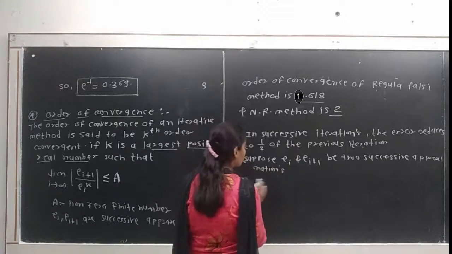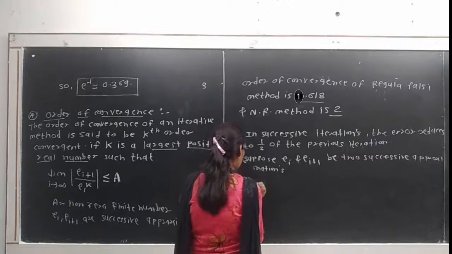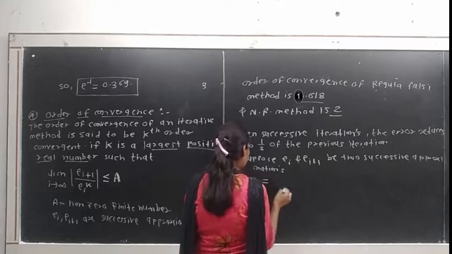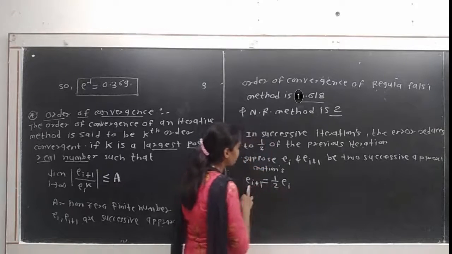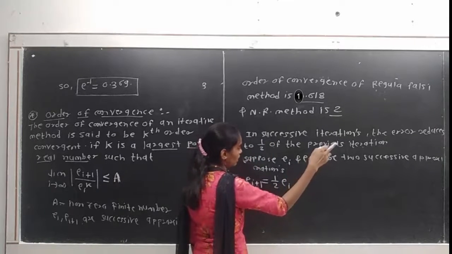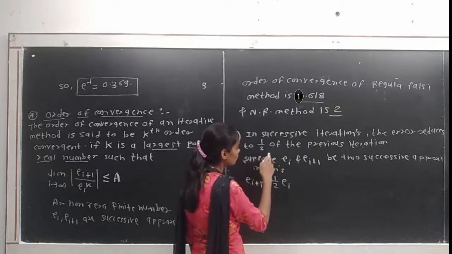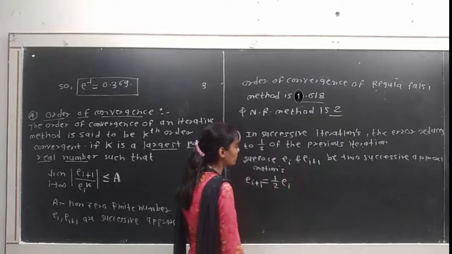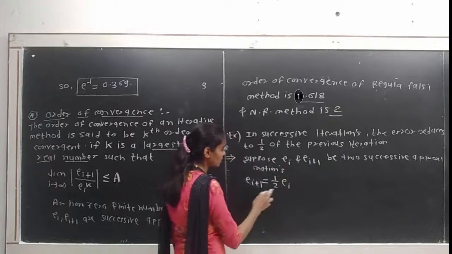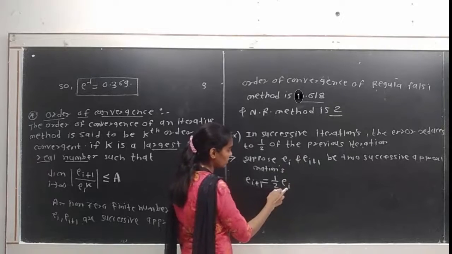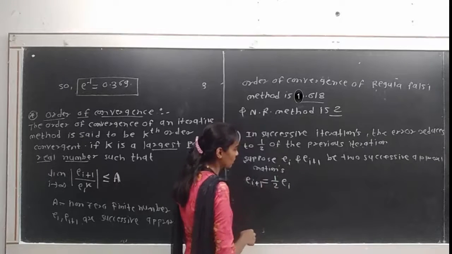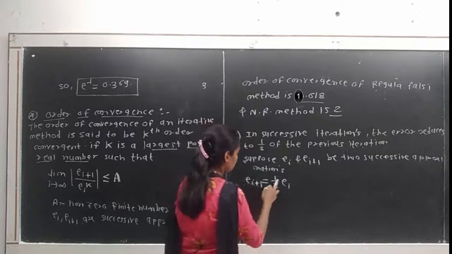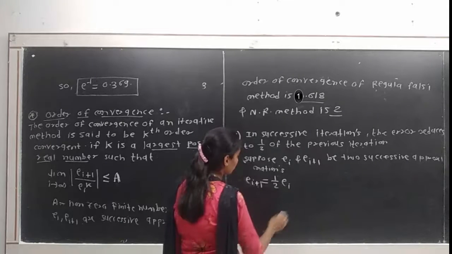Then it is given that e(i+1) is equal to 1 by 2 e(i), because the error reduces to 1 by 2 of the previous iteration. Here e(i) is the previous iteration and e(i+1) is the next iteration, so in e(i+1) the error reduces by 1 by 2. So e(i+1) is equal to 1 by 2 into e(i).